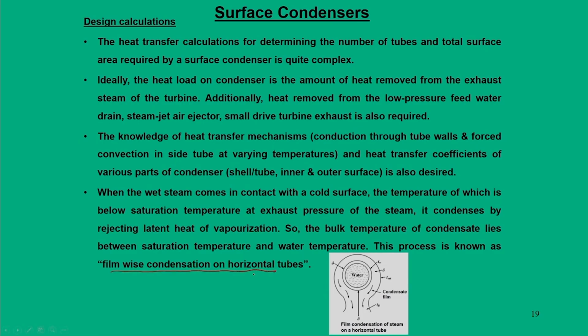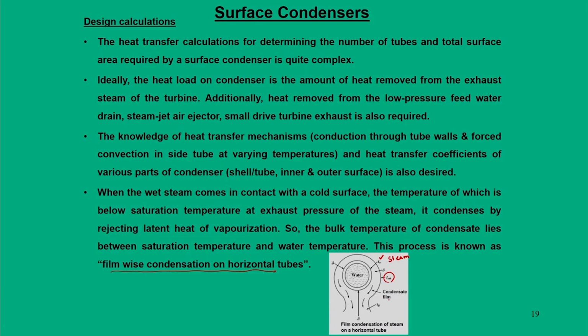We have seen that there are tubes in which the water flows inside, and if you take the cross section of this tube where water is circulated, at any particular instant there is the water temperature Tw, and there is another one which is called the saturation temperature of water, because outside we have steam and inside we have water.